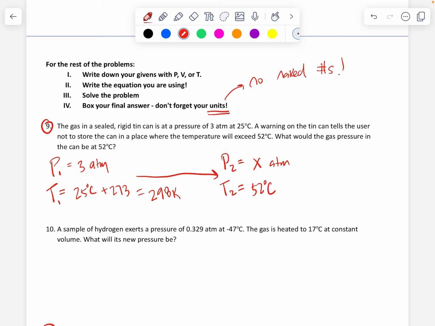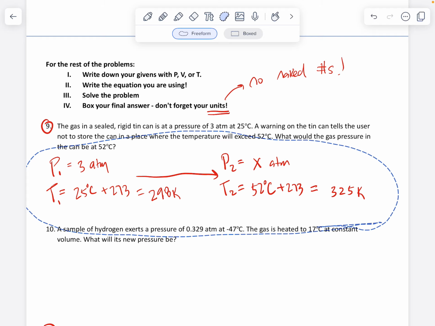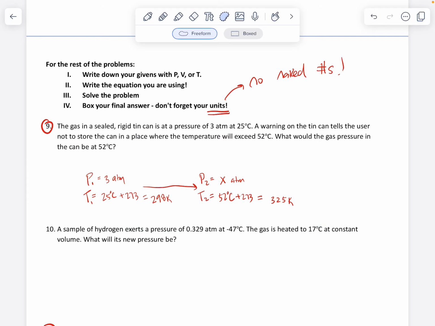No can do, right? I just said you must convert all Celsius to Kelvins. So 273, let's work that out. That's 325 Kelvin, okay? All right, so I'm not quite done here. That's just my variables. I've now done part 1 of this question, okay?